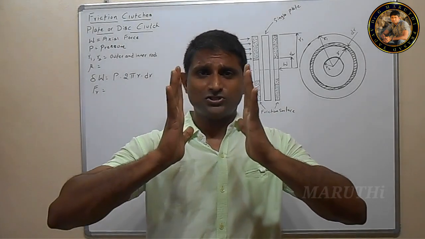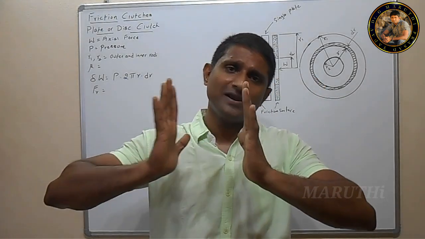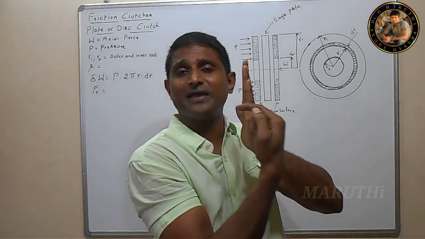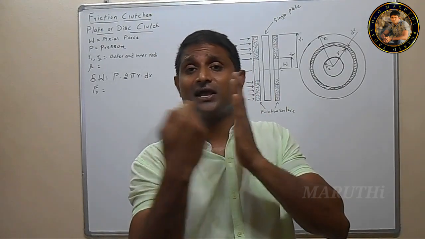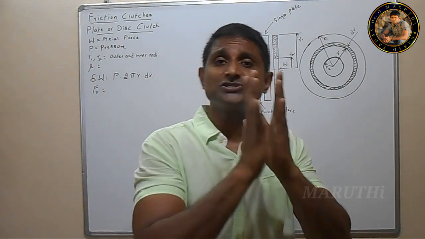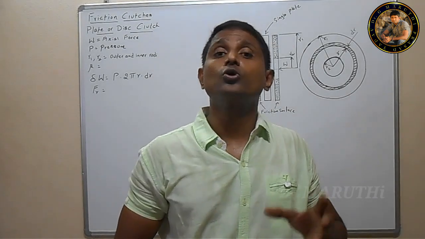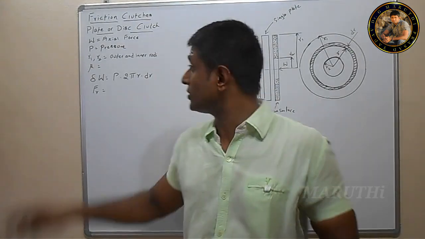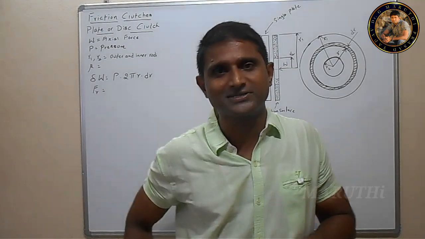See here, these plates are held together with the help of a force W. When a W force acts axially, the normal reaction Rn will be exactly opposite to this W. We all know that friction force is equal to coefficient of friction into normal reaction, that is, mu equals F by Rn, the friction force by the normal reaction.